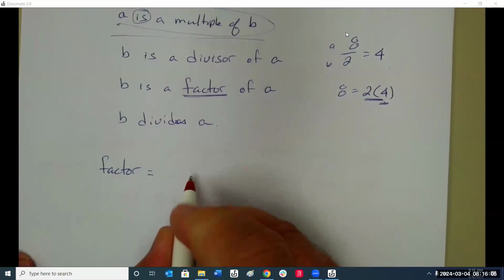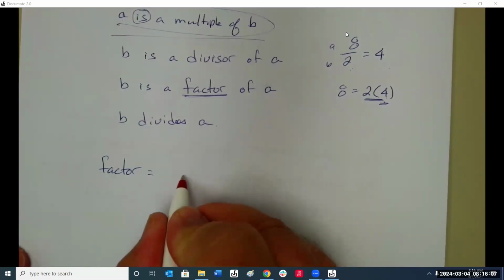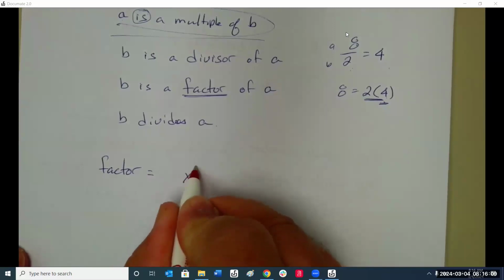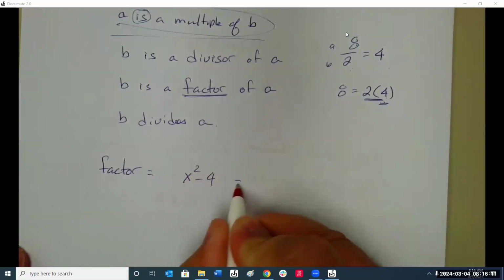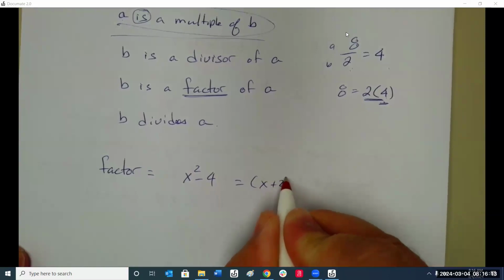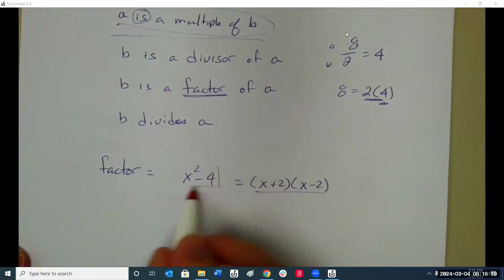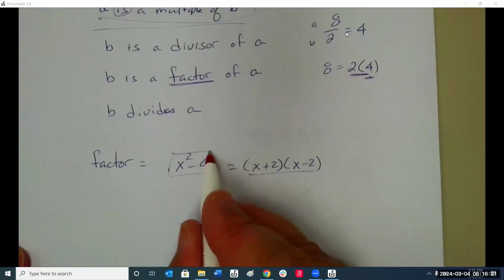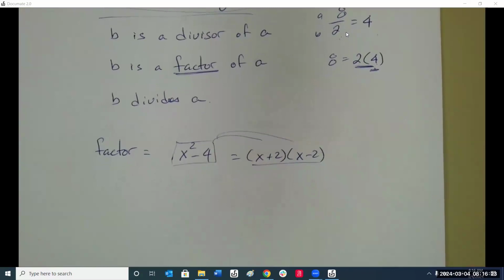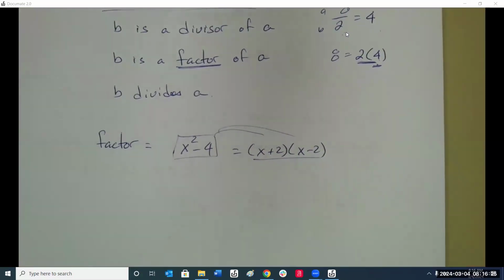For example, in algebra, when you took that in high school, you had x squared minus 4 is equal to x plus 2, x minus 2. These are factors where you take a larger entity and break it up into its smaller components. That's a very complex one.